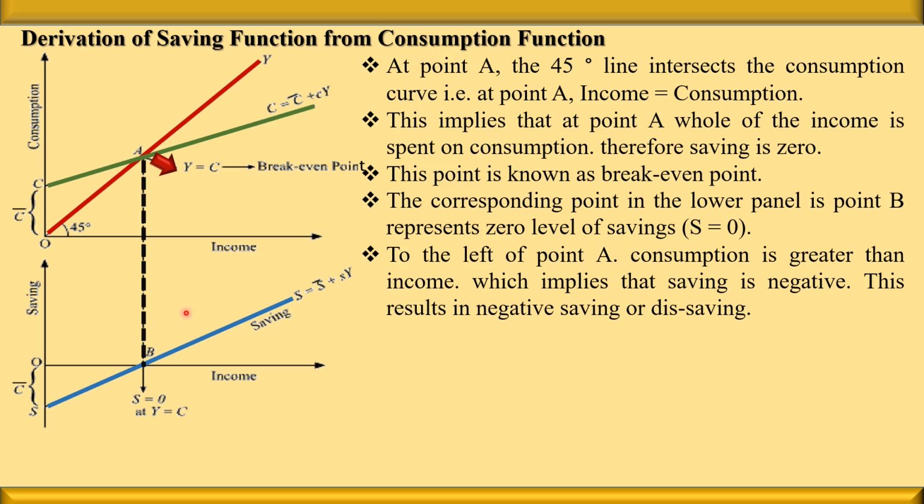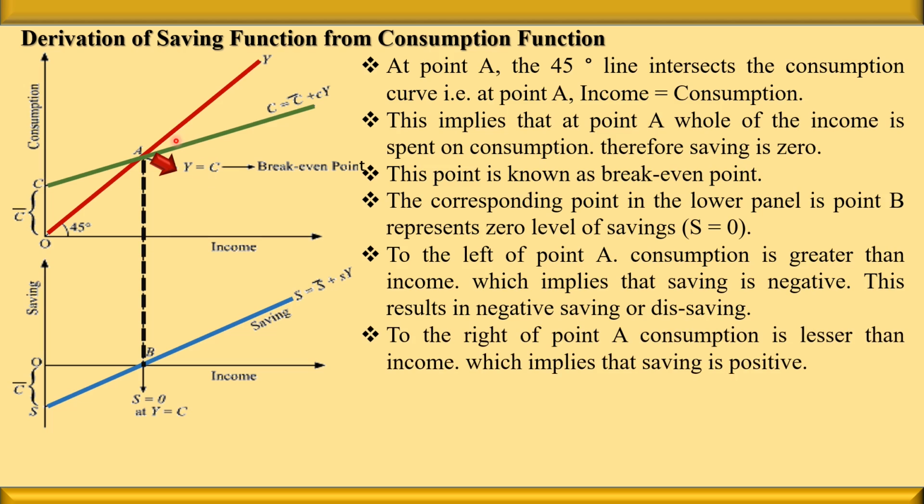To the left of the point A, consumption is greater than income. When consumption is greater than income, it means that saving is negative. In the lower panel, we can see that the saving is negative. This results in dissaving.